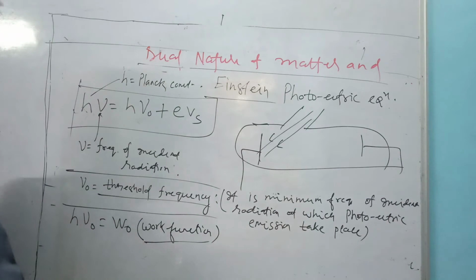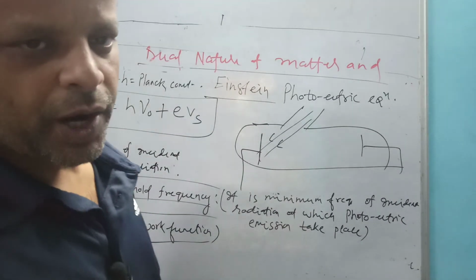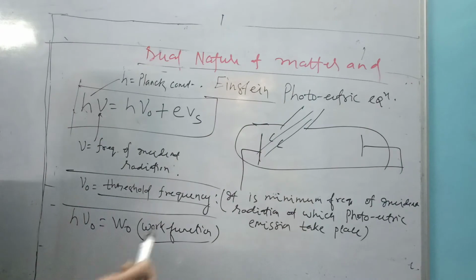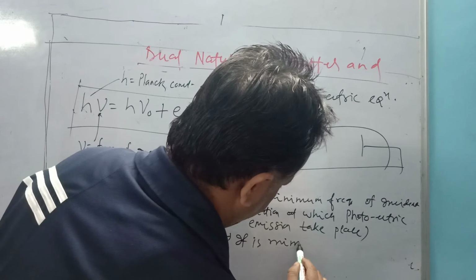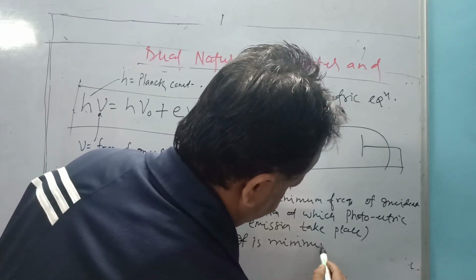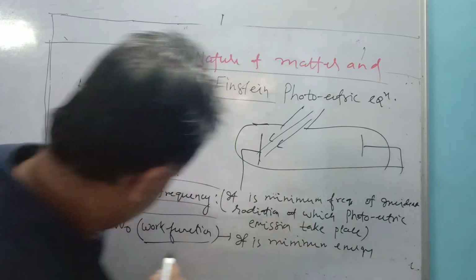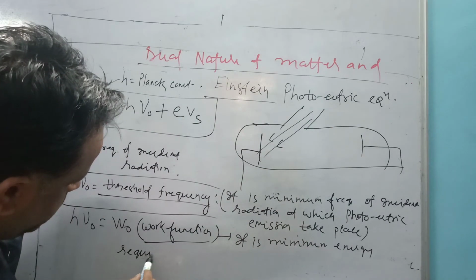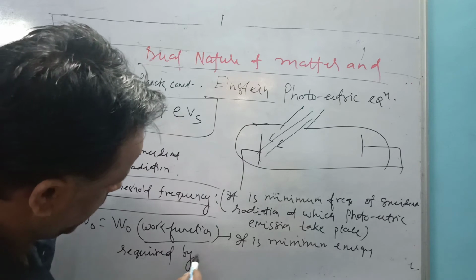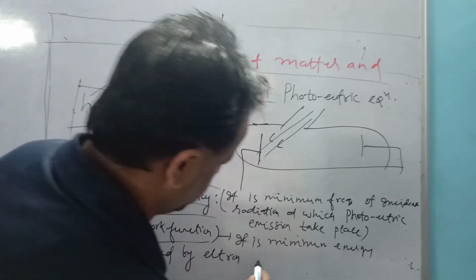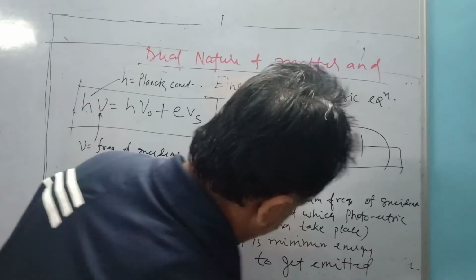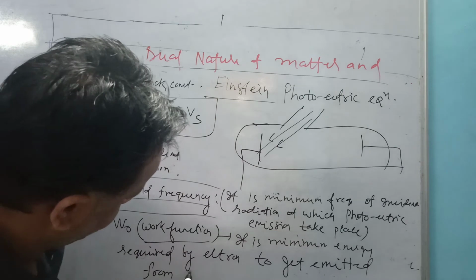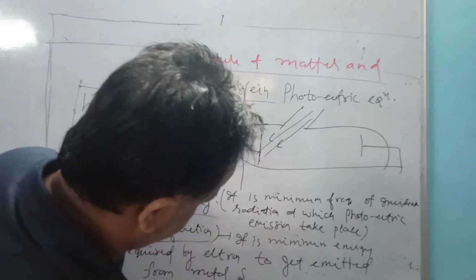See, it is the minimum energy required by an electron to get emitted from the metal surface.